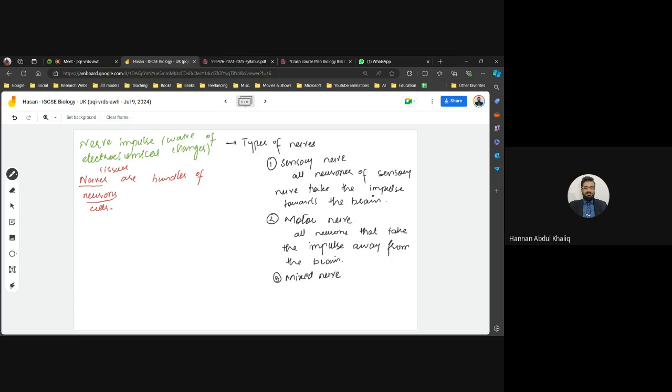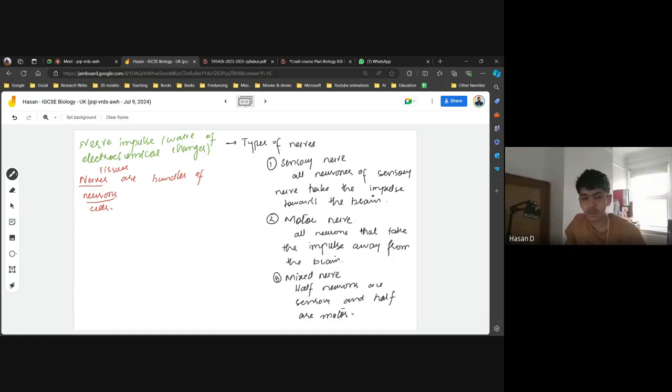The third type of nerve is called a mixed nerve. A mixed nerve is one in which half the neurons are sensory and half are motor. Now, try to process it. How would you clear this concept?